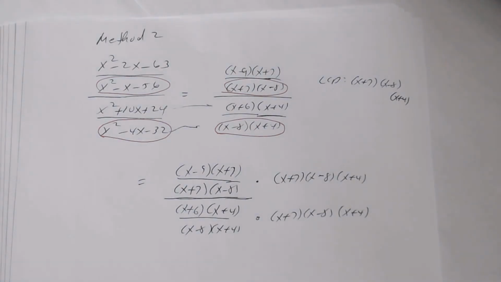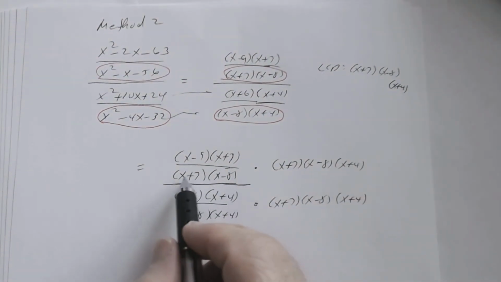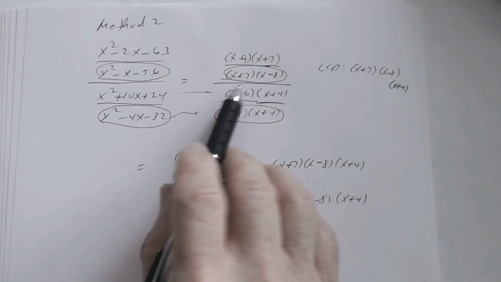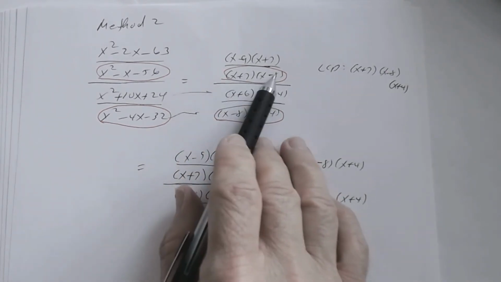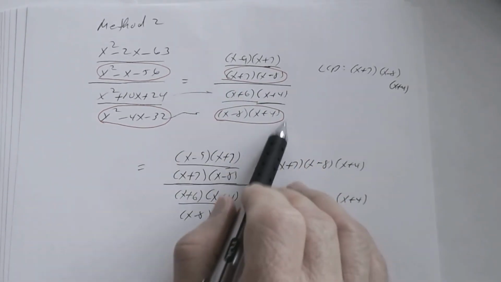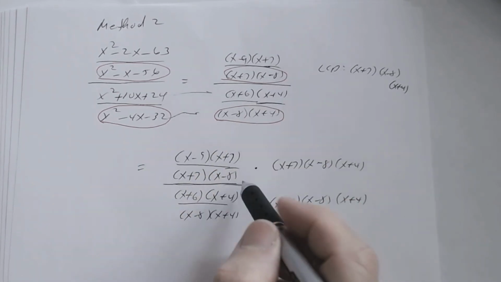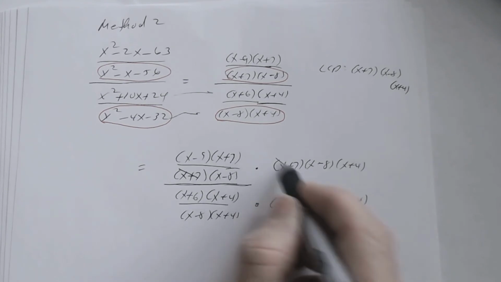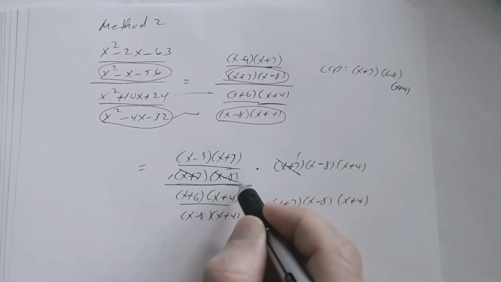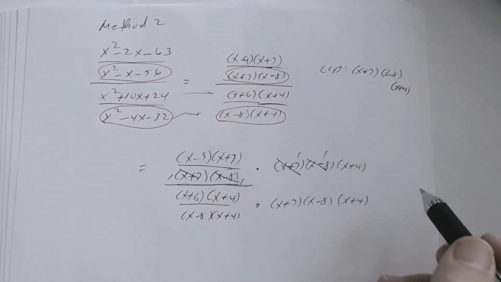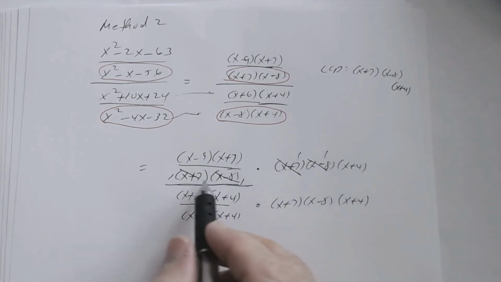And now I'm going to reduce. Remember the whole point: these denominators I have circled all end up being 1. That's the whole point of multiplying by the LCD. And they do, because x plus 7 into x plus 7 is 1, and x minus 8 into x minus 8 is 1. Those factors are 1.